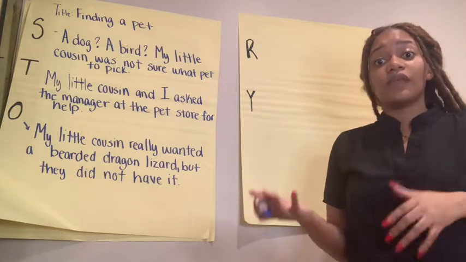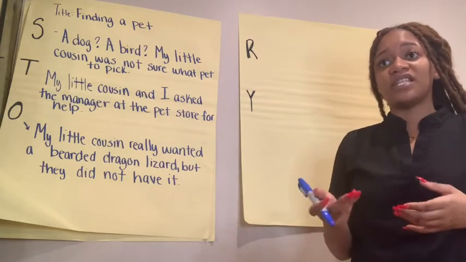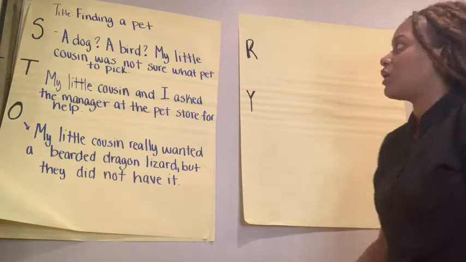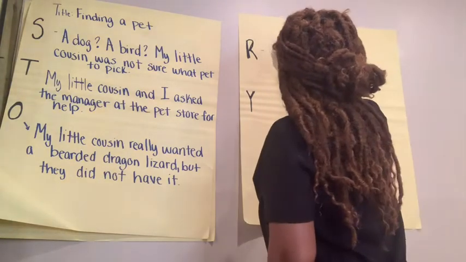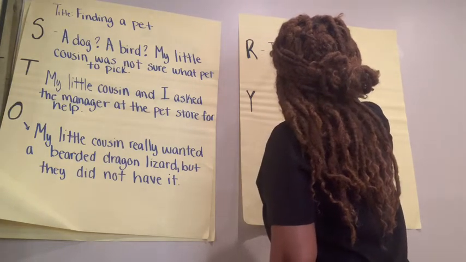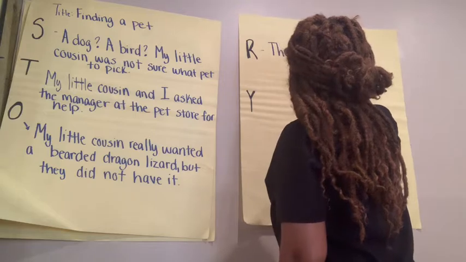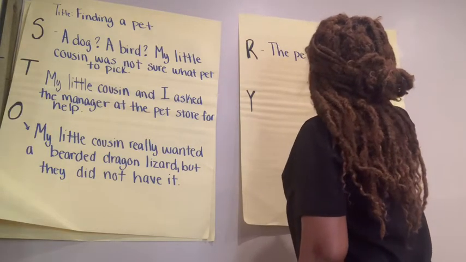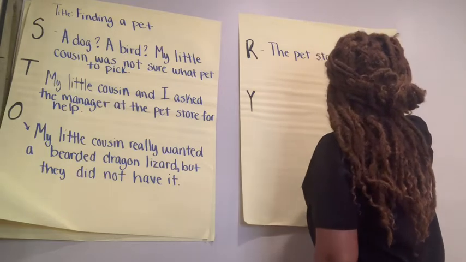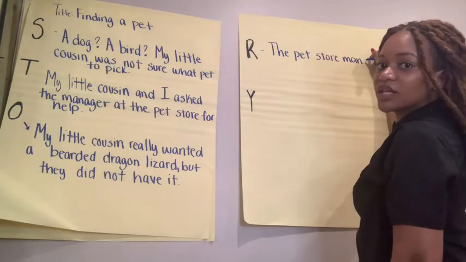I remember that when we were talking, the manager recommended that we call a local pet store. So I'm going to say, The, capital T, the pet store manager. I know the phone man, what letter goes there?